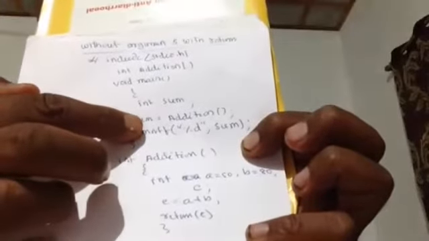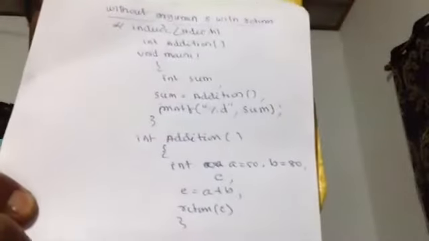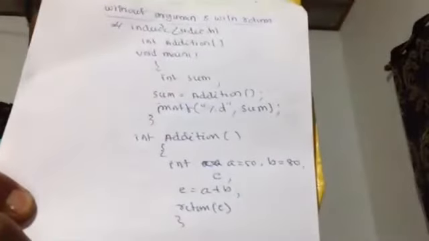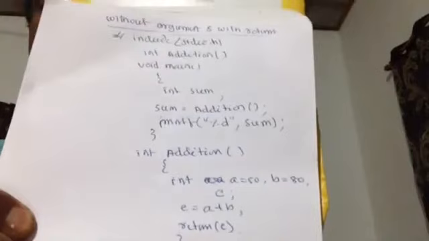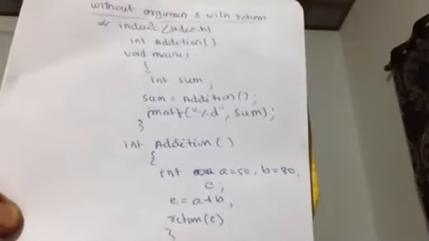And this value will be available where? In sum. And sum will give us what? 80 plus 20, 100. It's clear? Hello? Yes, sir. Clear.